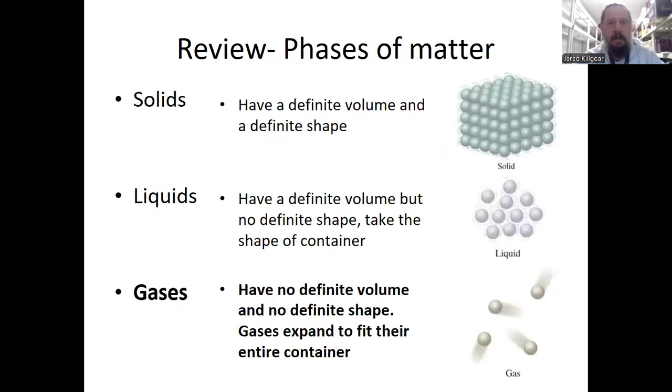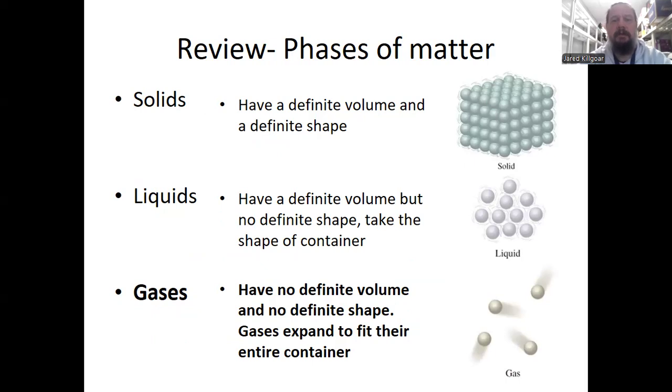So just a quick review. The different phases of matter. We have solids, liquids, and gases. Solids have a definite shape and a definite volume, meaning they occupy a constant amount of space and they hold their shape. A liquid has a definite volume, but no definite shape.